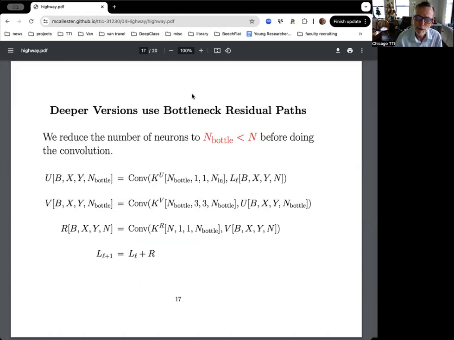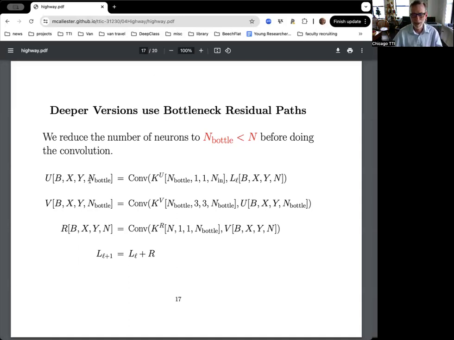Now, deeper versions use a bottleneck layer, and I should have drawn a picture of this. But the idea is, in a bottleneck layer, we have images of a certain size. So we have some image of X, Y. This N is the batch index. This N is naming the neuron. So we're going to have neurons.